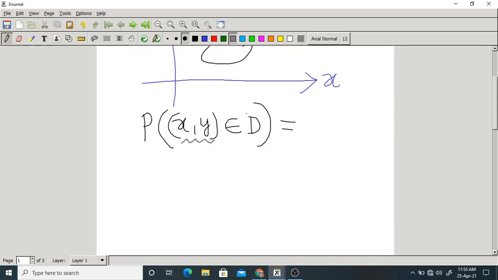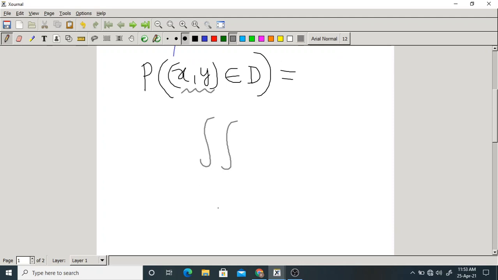To find the probability, generally we take area, right? What area do we take now? Double integration, because we are dealing with two random variables. Double integration over x comma y belongs to D. Since it is associated with two random variables, we should use the joint PDF.